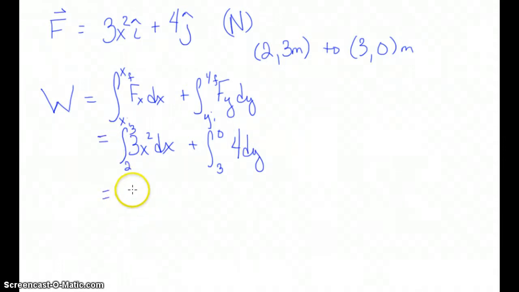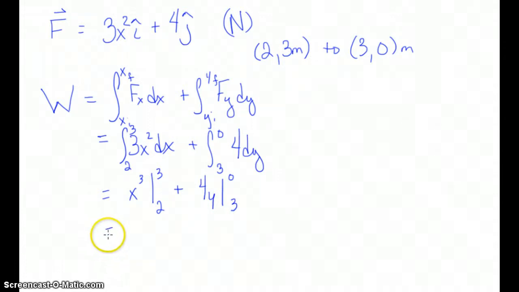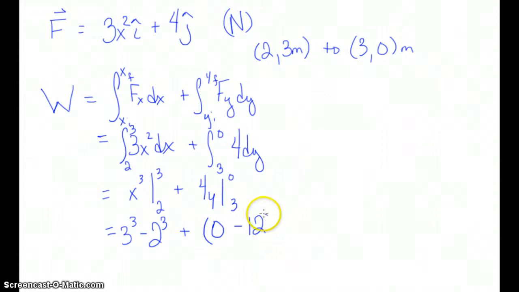So this is going to be x cubed evaluated from 2 to 3 plus 4y evaluated from 3 to 0. So what we're going to get here is 3 cubed minus 2 cubed plus 0 minus 12.